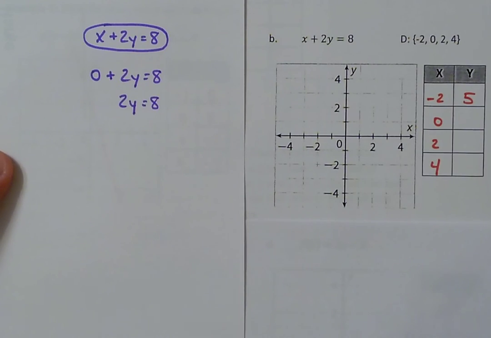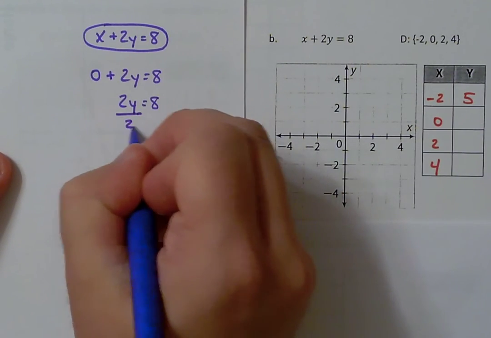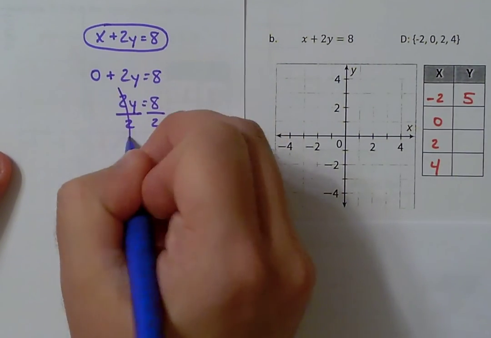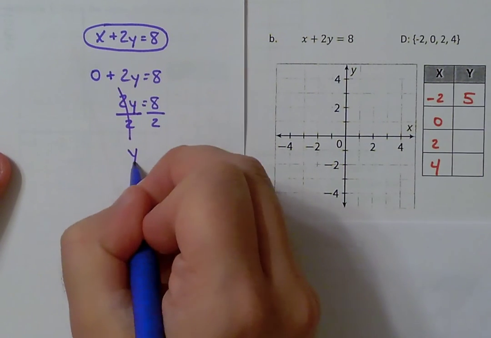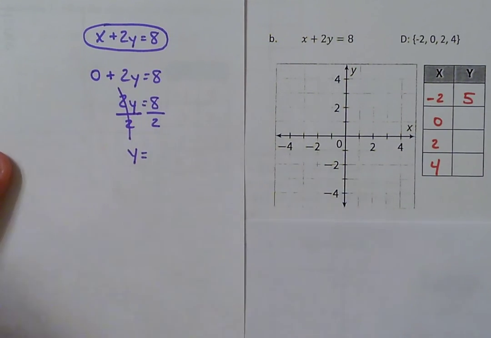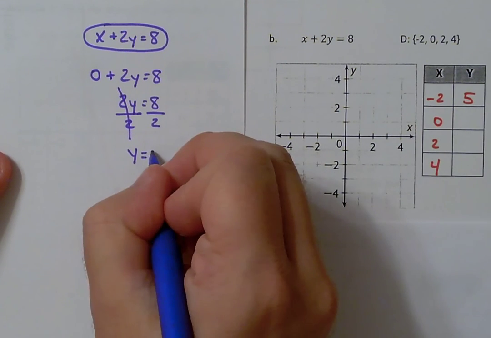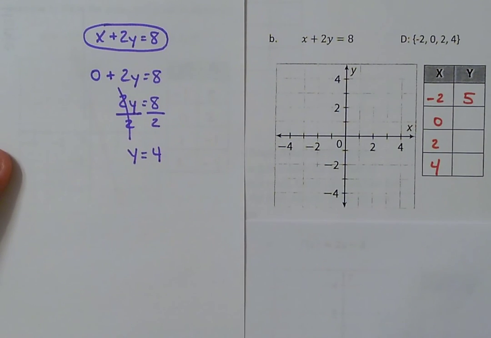To solve this, we divide both sides by 2. So the 2's cancel on the left, and I end up with y equals 8 divided by 2, which is 4. So we get y equals 4. That means when x is 0, y is 4. So that is a way that you can do that. You can finish that off for points 2 and 4.